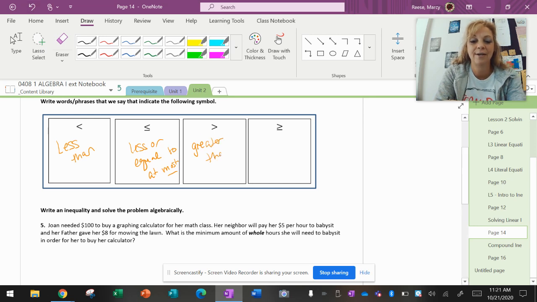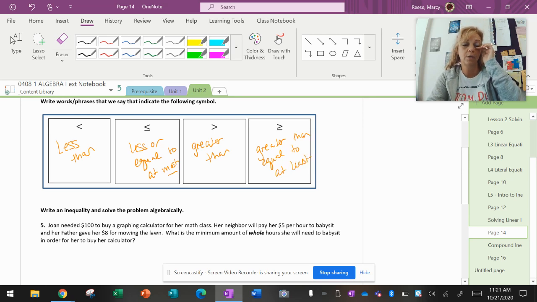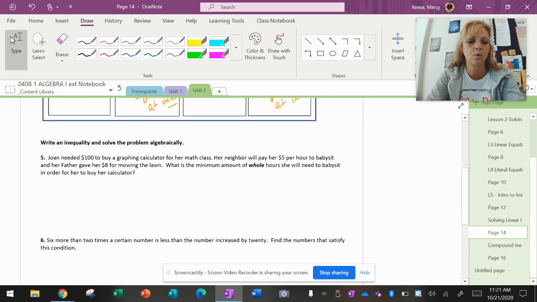It's a greater than, never said I was an English teacher. Greater than, or if it's a greater than or equal to, we know greater than, equal to, or at least. When you hear the word at the very least, that means that it's going to be that number or greater than that number, right? So there's a couple of key words here.